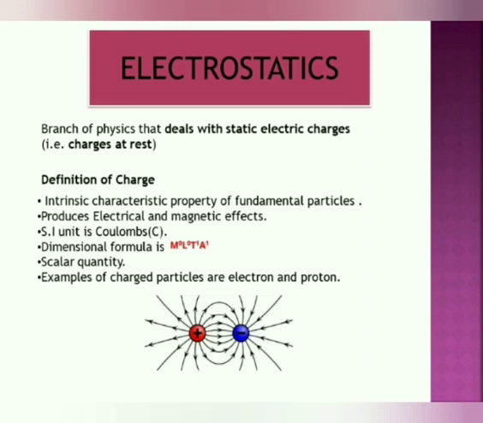Its dimensional formula is M⁰L⁰T¹A¹, which is derived from the formula Q = IT, where both I and T are fundamental quantities. Charge is a scalar quantity, so charges can be added algebraically. Examples of charged particles are electron, proton, alpha particle, and so on.